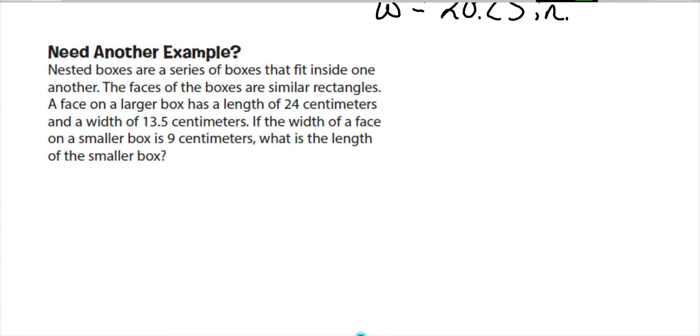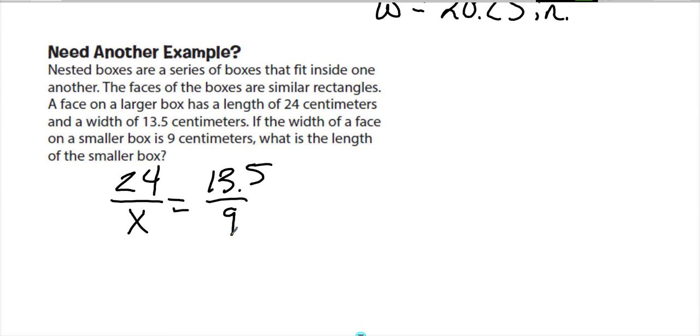If the width of a face on a smaller box is 9 centimeters, what is the length of the smaller box? All right, so for this one, we have a length of 24. We don't know the length of the smaller box, so that's my x. We have a width of 13.5 and also a width of 9 on the smaller one.